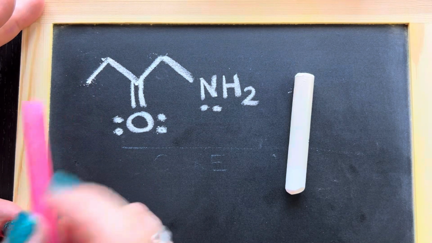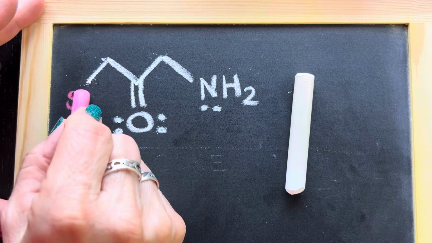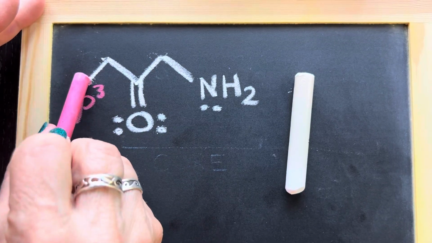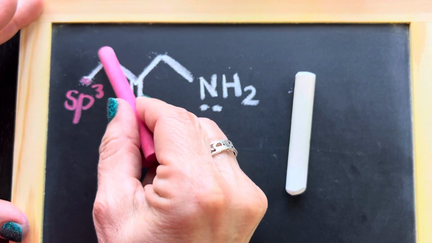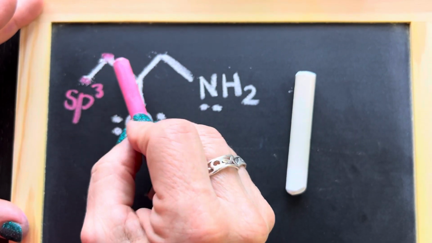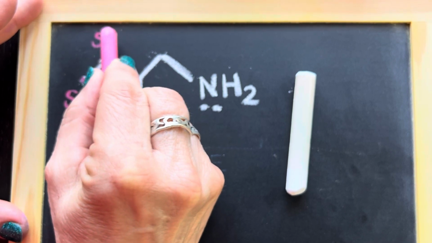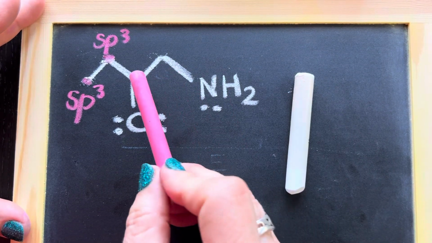It's all single bonds. So we would expect this to be sp3, that carbon there. And the same will be true for this carbon. Any of these carbons that have 4 single bonds, we expect to be sp3. Okay, but what about this one?